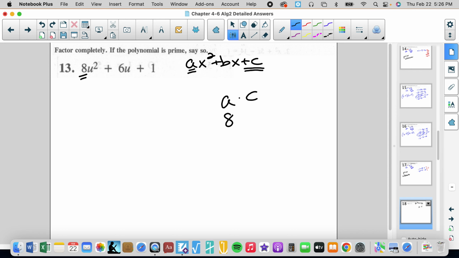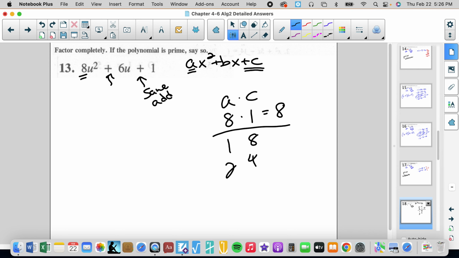A is 8 in this case, c is 1, and we get 8. We're going to go through the same process. Factors of 8, 1 and 8, 2 and 4. Signs are the same, meaning we're going to be adding, and they're both positive. That's 9, sorry, that's 6. So this equals my middle.